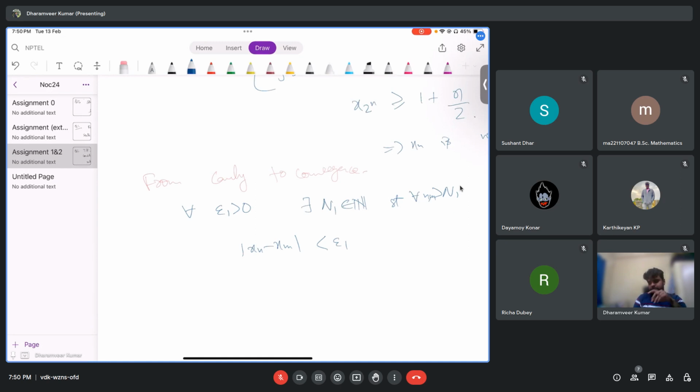Anyone? This is a Cauchy sequence. From here, how do you show that it converges? One second.